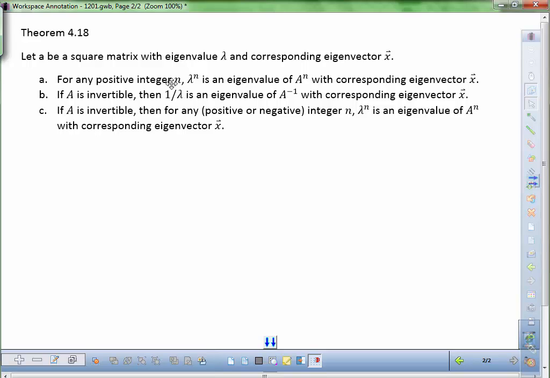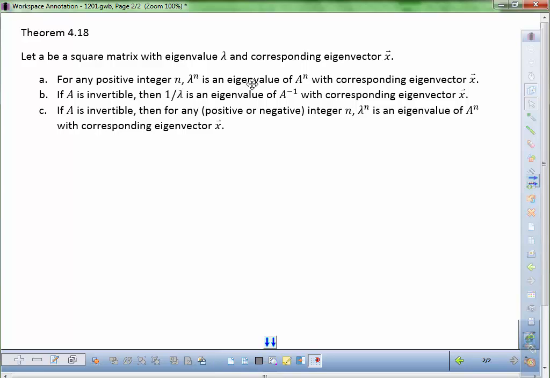If we have a square matrix A and we have an eigenvalue and eigenvector lambda and x, then lambda to the nth power is going to be an eigenvalue of the matrix A to the nth power.